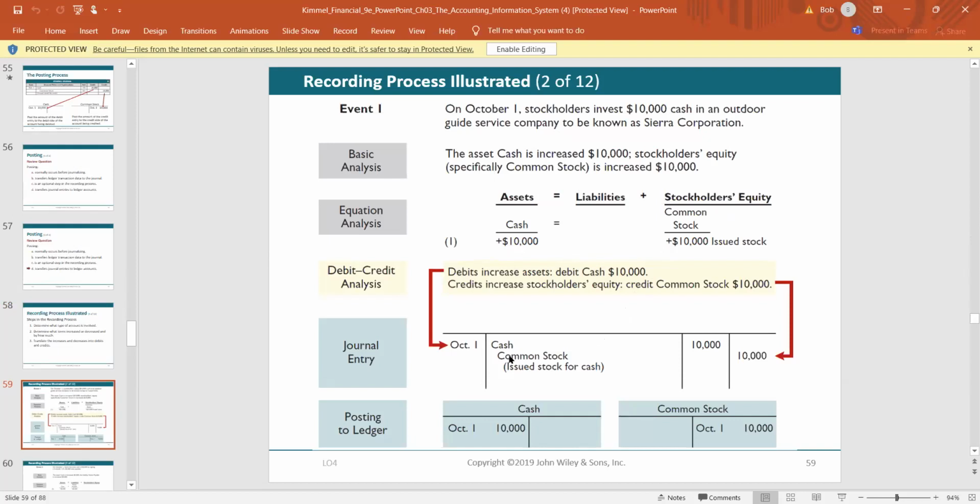Cash is debited for 10,000, common stock is credited for 10,000. At that point, nothing has happened. All we've done is set up a tentative entry. We hit the post button, and bam, the 10,000 debit to cash comes over here, and the 10,000 credit to common stock comes over there.